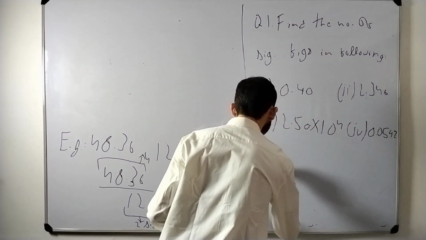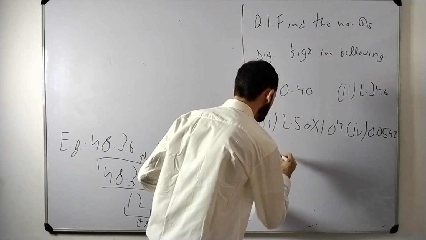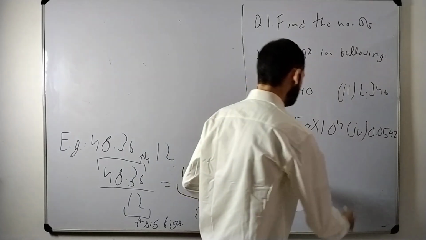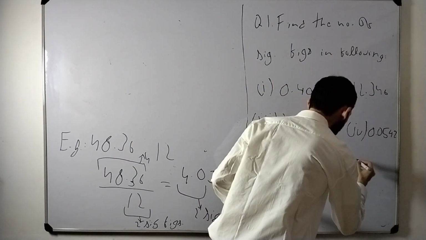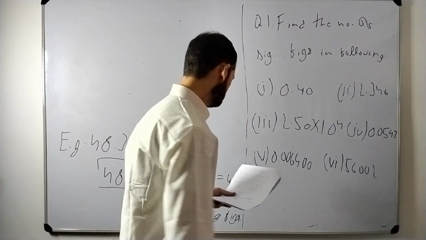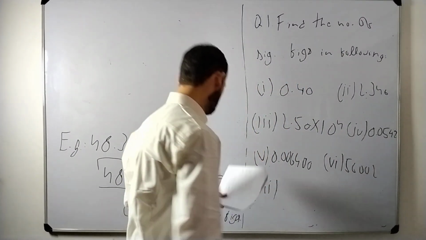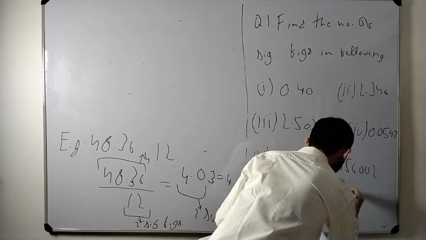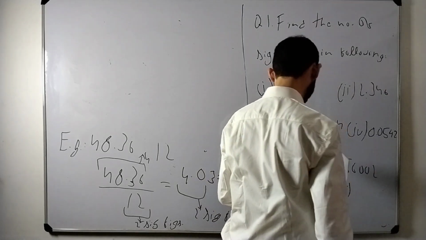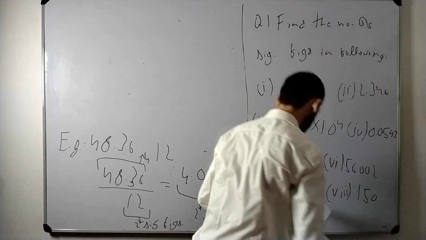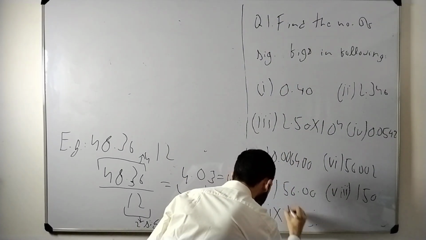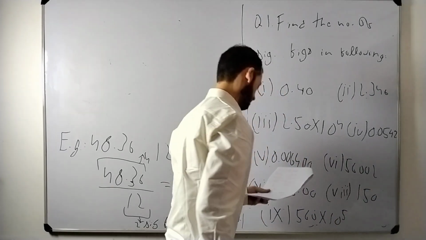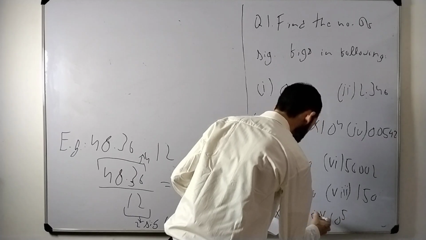Fifth, 0.0640. Sixth, 56002. Seventh, 56.0. Eighth, 150. Ninth, 5601. Yes. Okay.